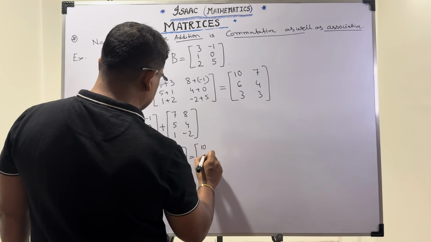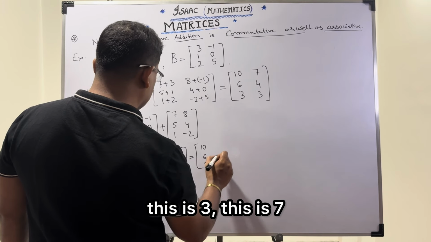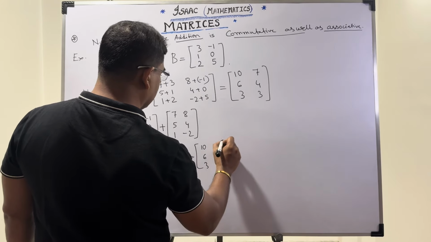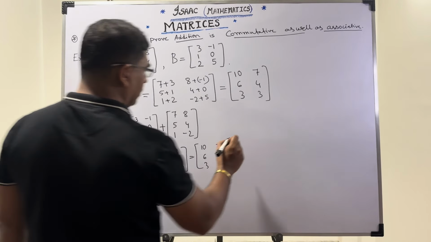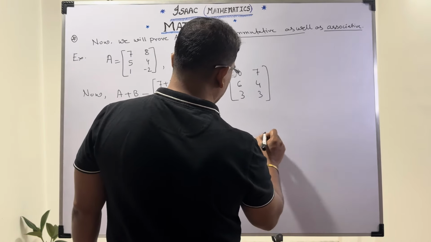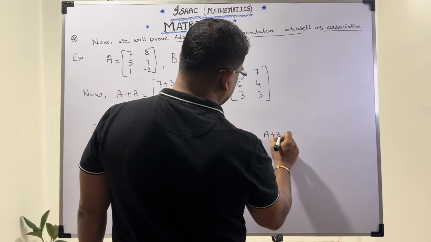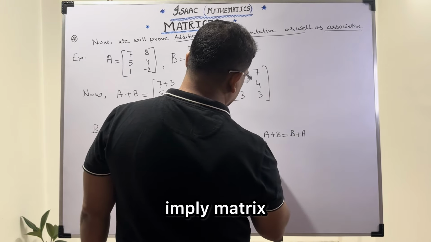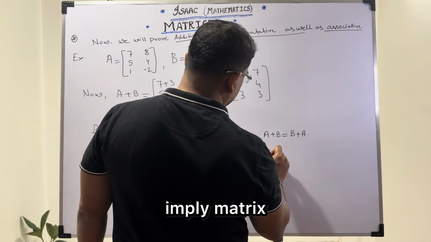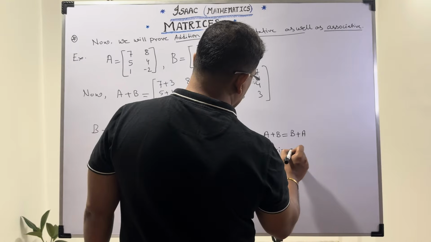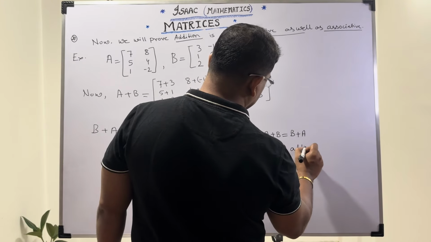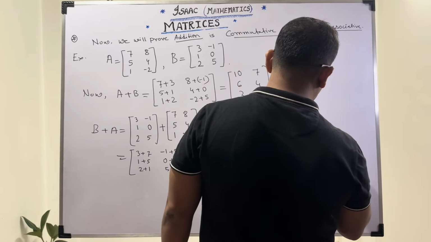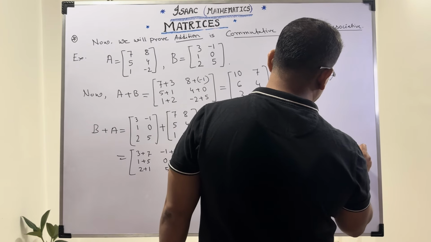This is 10, this is 6, this is 3, this is 7, this is 4, this is 3. So A plus B is equal to B plus A, which implies matrix addition is commutative.